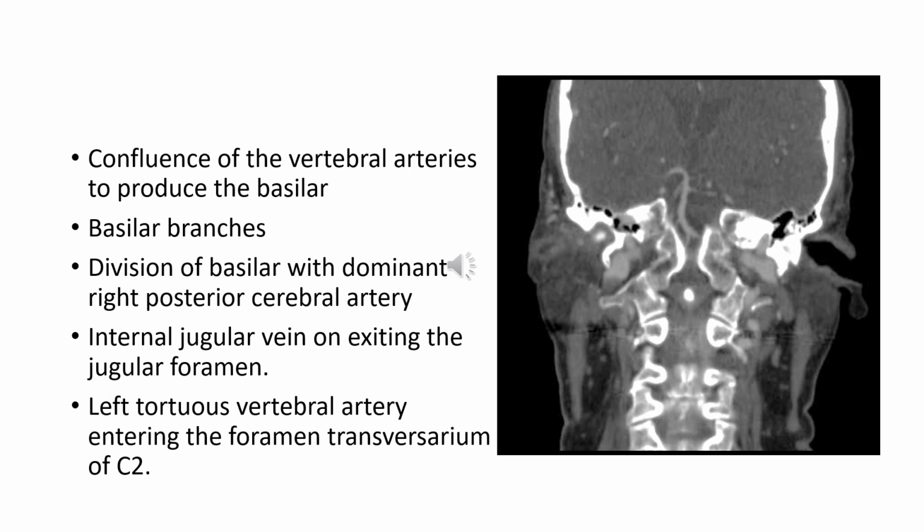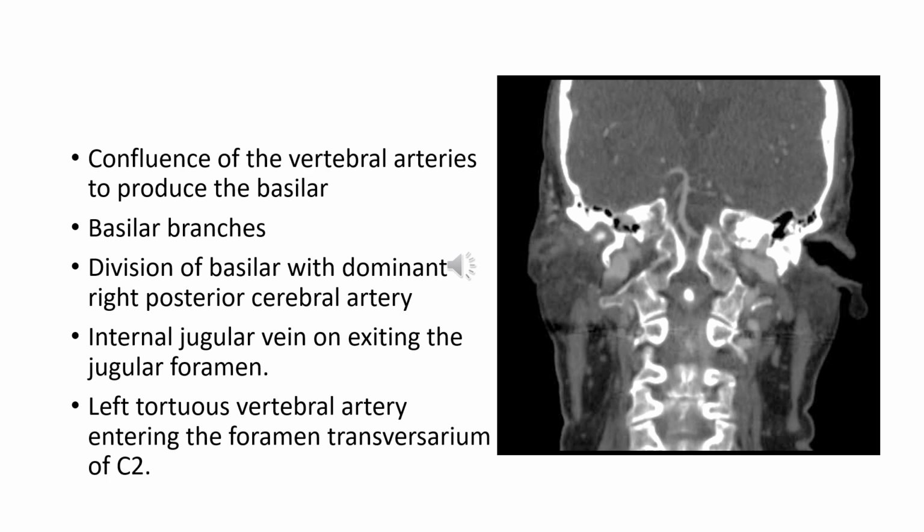This is now a further coronal slice, and you start to see we're entering the region of the cervical spine. We see with the red arrow the confluence of the vertebral arteries to produce the basilar artery, and the yellow arrows show the branches of the basilar artery as part of the posterior circulation. We can see superiorly the division of the basilar artery, and in this case with a dominant right posterior cerebral artery. So this is the artery that we saw on the previous study.